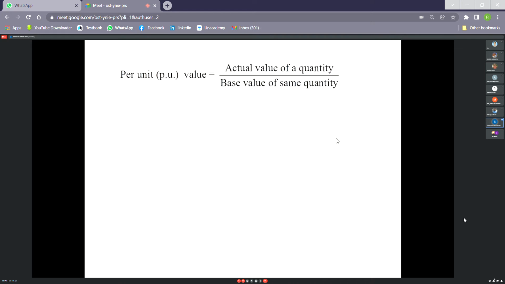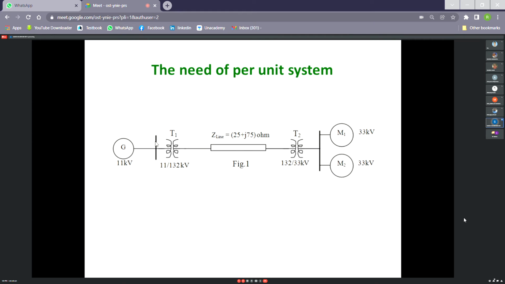Say for this example, the bus voltage should be 11 kV, because only if the bus voltage is 11 kV can this transformer give the 132 kV in the secondary, right? So this 11 kV is the rated value. Now it may happen that the generator is not capable at this moment of providing 11 kV. It is giving 10.9.